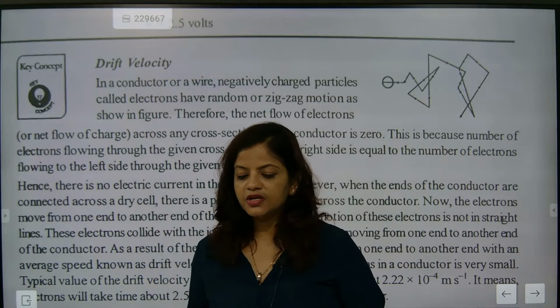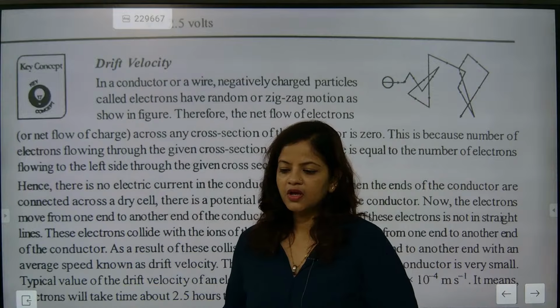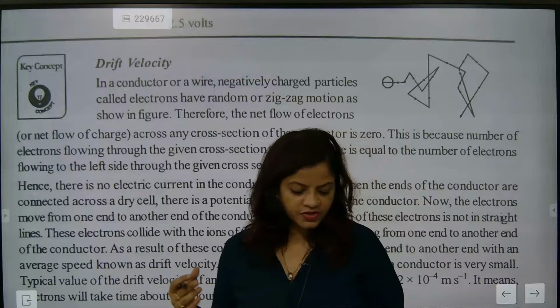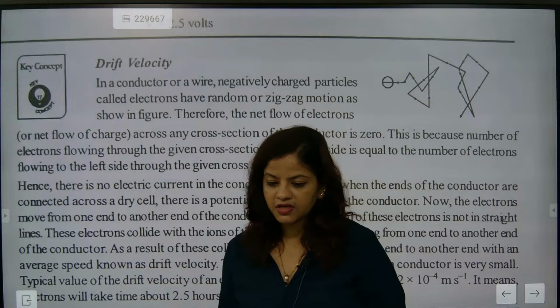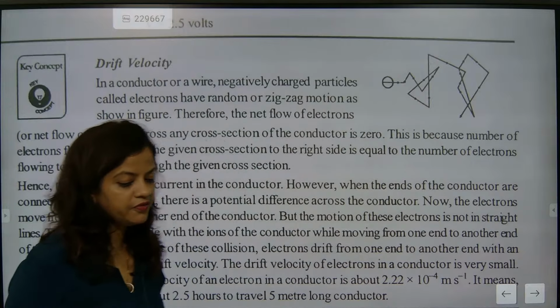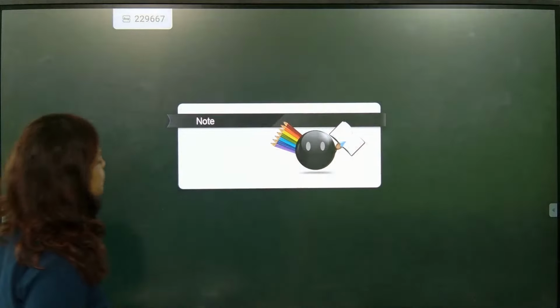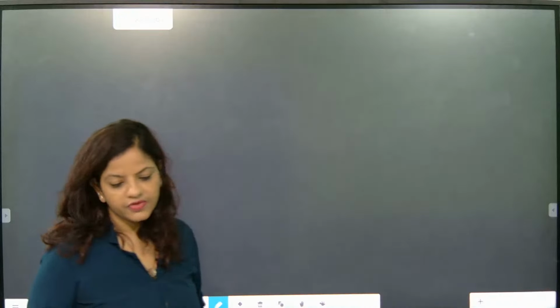Understood? Yes, potential difference. It's the potential difference which makes the electric charges flow in a circuit. That's the most important thing. We must remember that it is the potential difference.